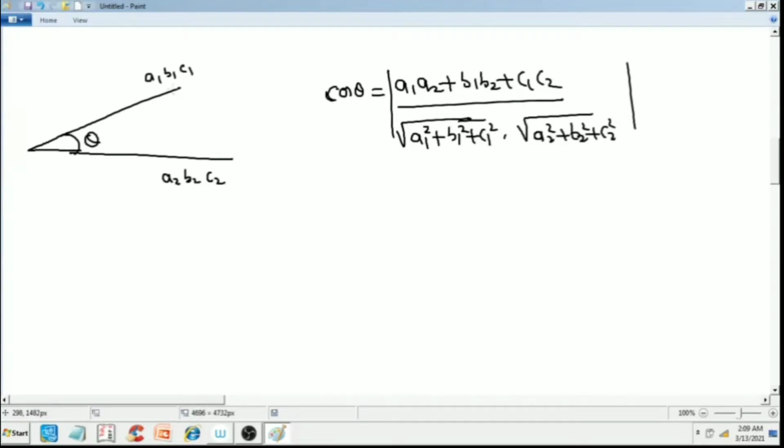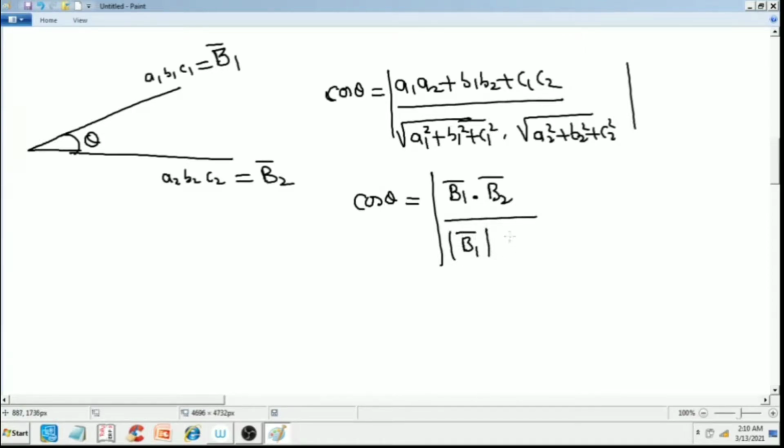Or else, we can write a1, b1, c1 as the capital B1 vector and the other as capital B2 vector. Then cos theta can be written as B1 dot B2 by B1 magnitude into B2 magnitude.